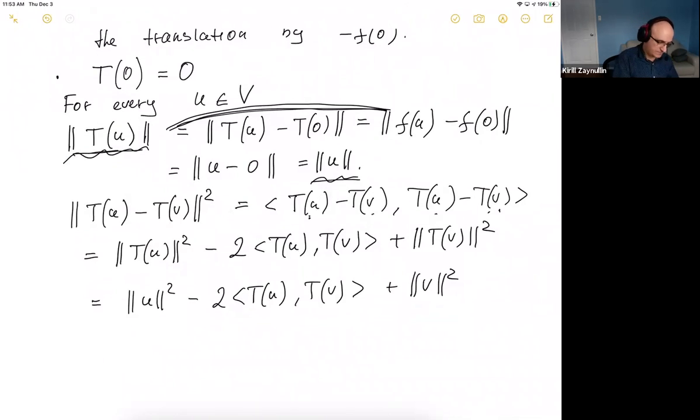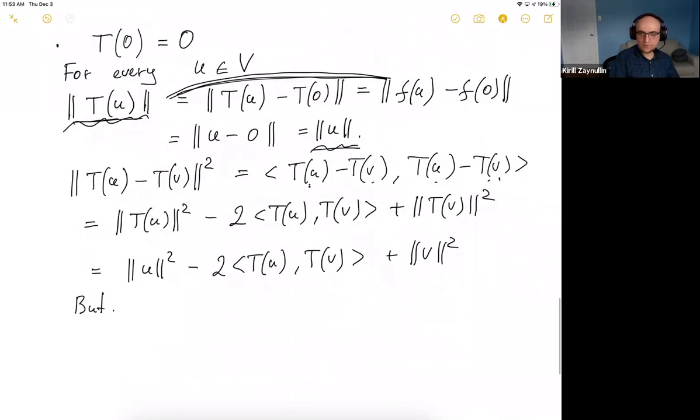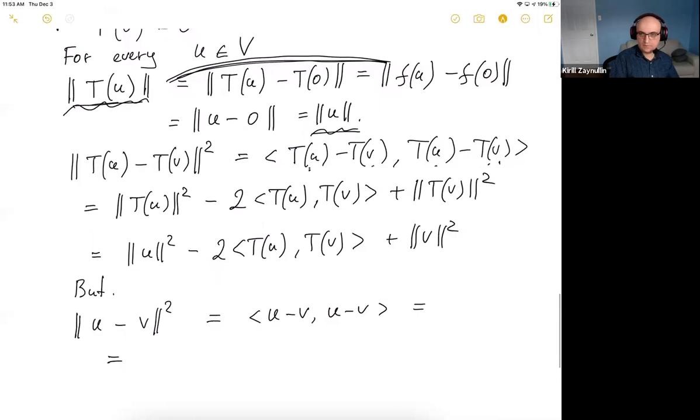But on the other side, we can also express the square of the length of the difference of u and v. Again, we write it as the inner product and expand it in a similar way as before, and we get the square of the length of u minus 2 times the inner product of u and v plus the square of the length of v.